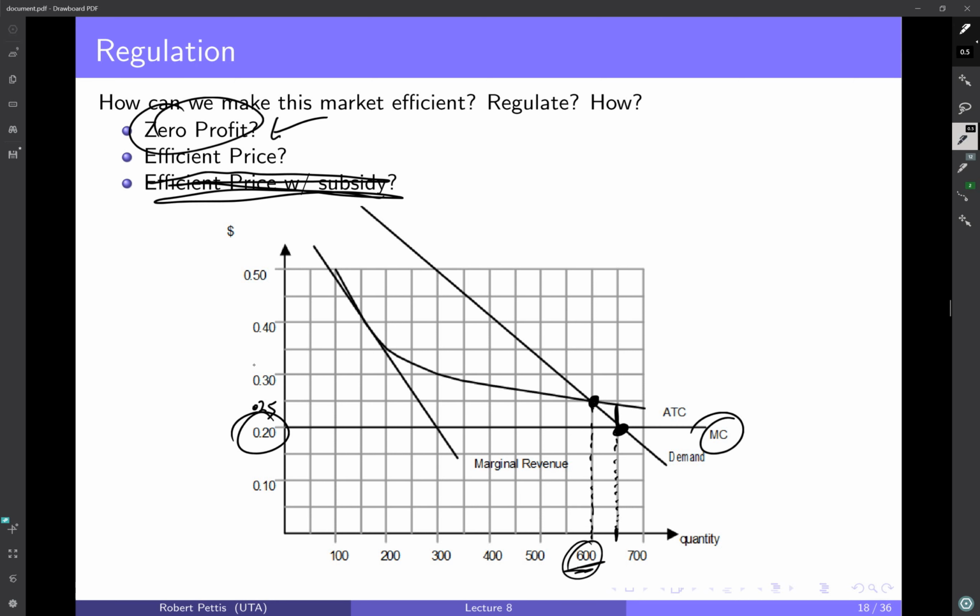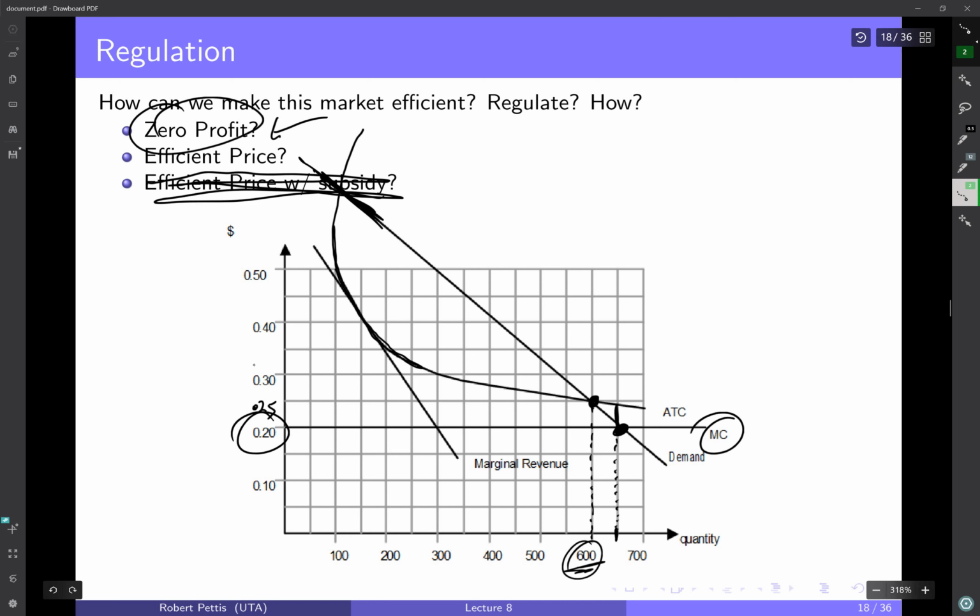Okay, so that would make zero profit, sure, but another thing that could happen though, and let's remember this looks like it's kind of bowing out, right? So what would happen if we actually had two intersections of the average total cost curve and the demand curve? So what would happen in that case?